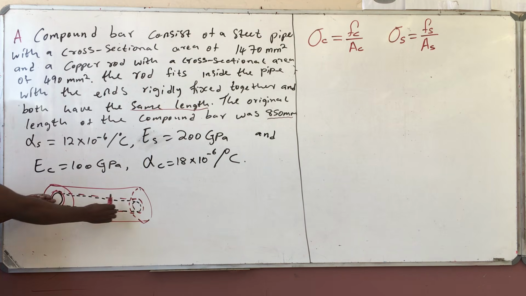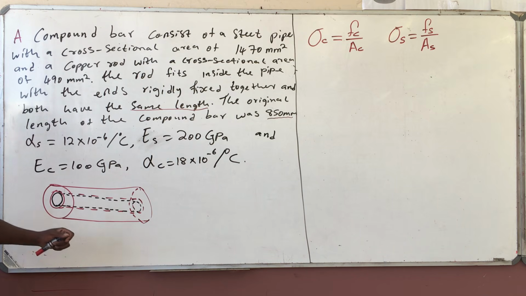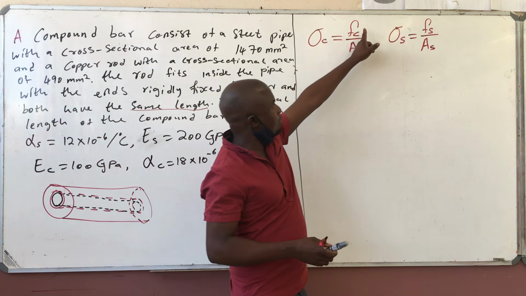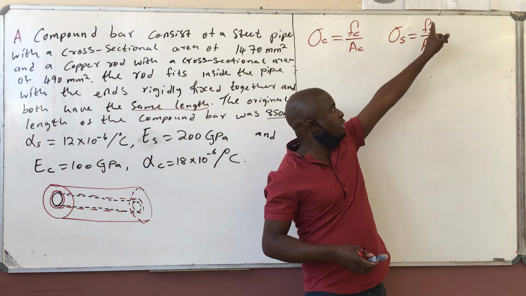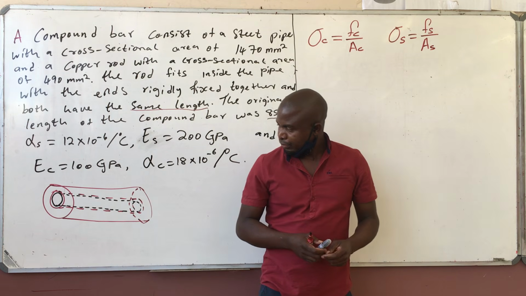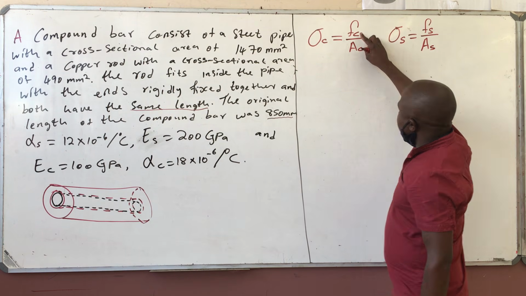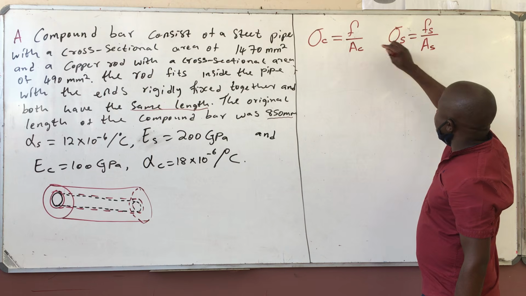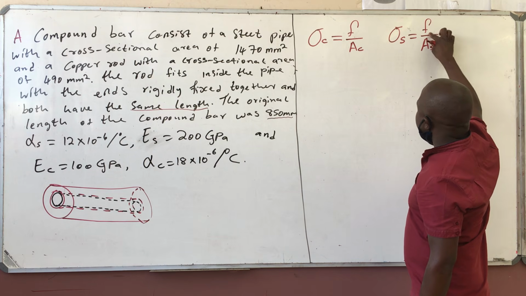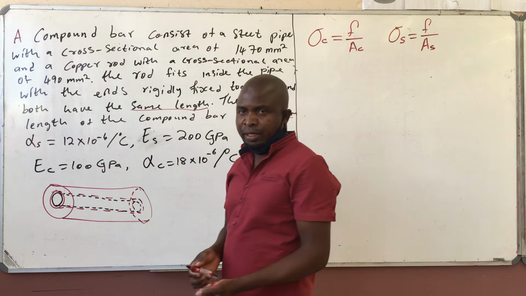As these two are fixed together, one is pulling the other, so we end up having this force being equal to this force. Even if we did not indicate the force of copper and the force of steel, that force is the same.